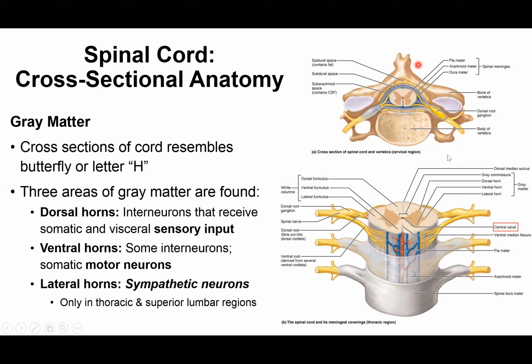I'm going to focus on this top picture for a second. We're going to see that we have our dorsal horn here. And what you can see, that little section coming off of the spinal cord, that is the dorsal root.